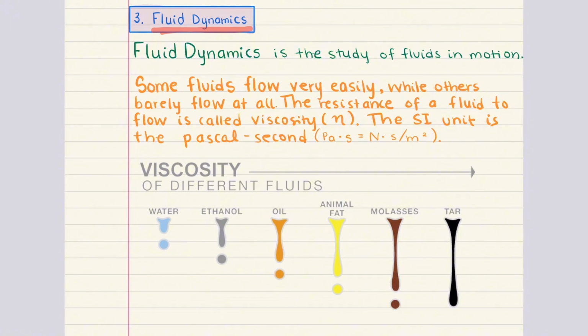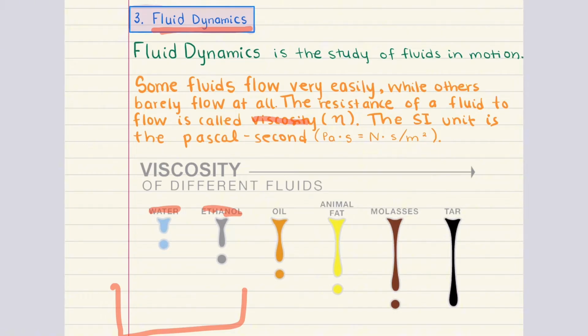One of the first concepts we need to address in fluid dynamics is viscosity. Viscosity refers to the internal resistance of a fluid to flow. It's essentially a measure of how thick a fluid is. Fluids like water and ethanol have low viscosity, meaning they flow freely and easily.